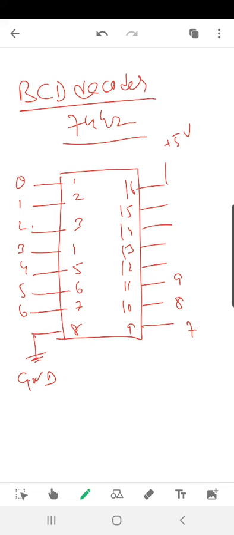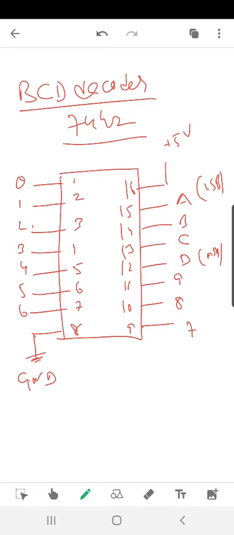These outputs 0, 1, 2, 3, 4, 5, 6, 7, 8, 9 are active low pins. And pin number 12, 13, 14, 15 are our input pins. They will take our 4-bit BCD. If I say that ABCD is our 4-bit BCD code, pin A will represent the LSB of the input, and pin D will represent the MSB of the input.